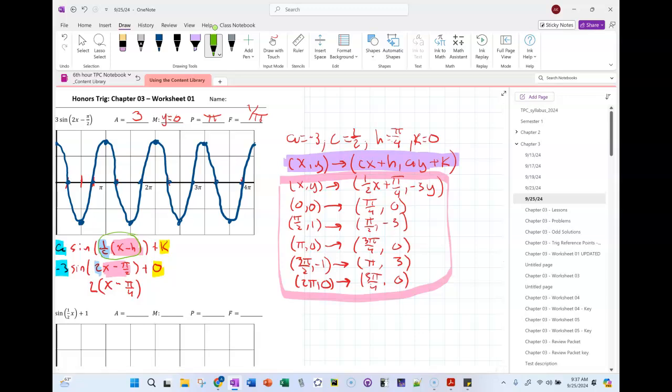The C is being multiplied and the H is being added or subtracted. So that's how I remember it: CX plus H. And then the A is being multiplied on the outside and the K is being added on the outside. The outside is really the Y. And there you go. The easy way to remember it is that it's based on that same general form formula.